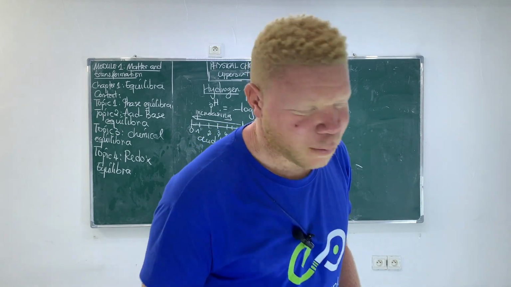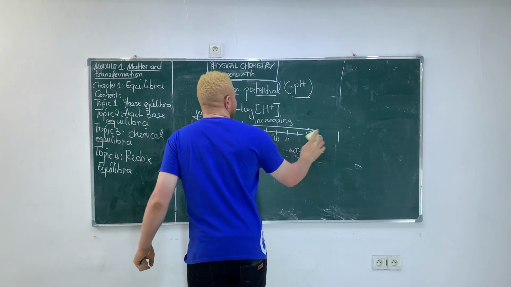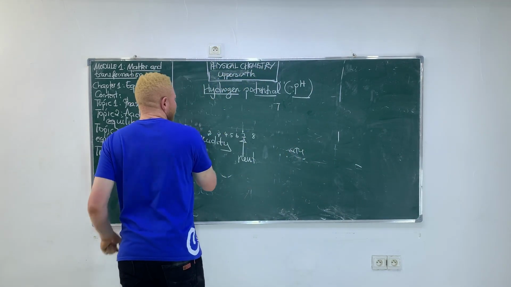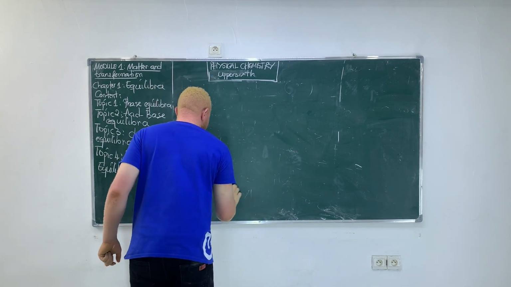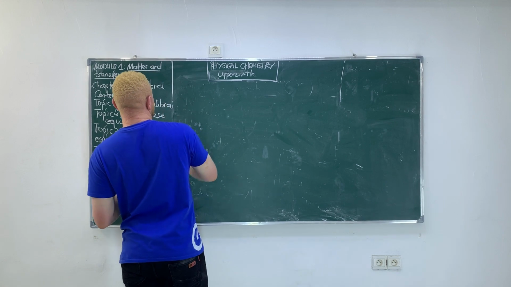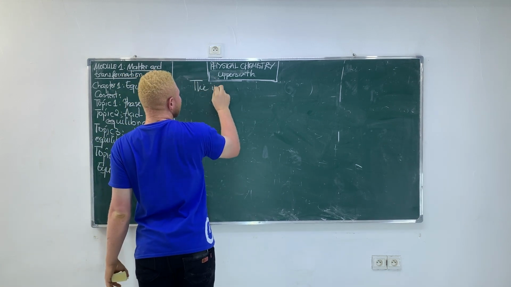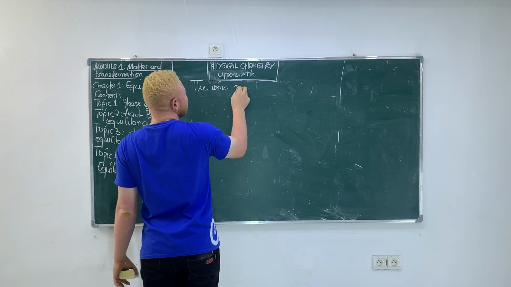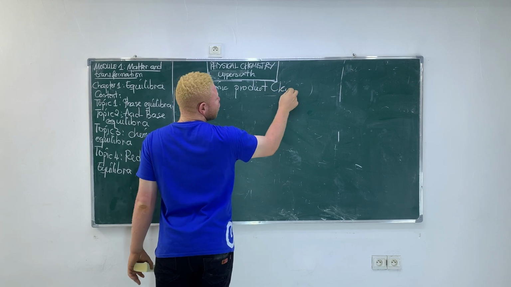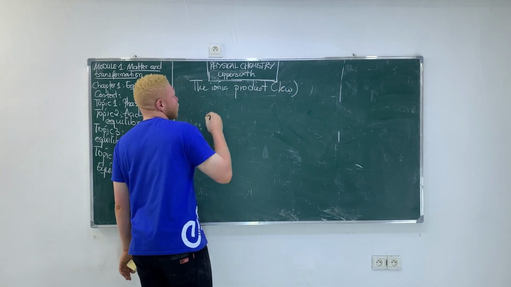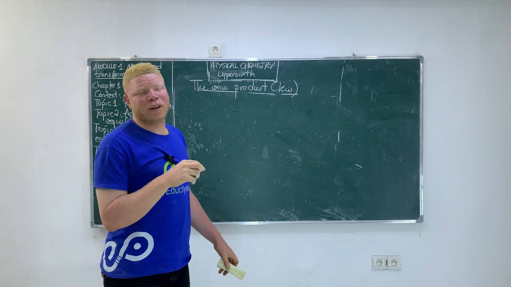So let's now see the ionic product of water, bracket Kw. Let's consider the partial dissociation of water.